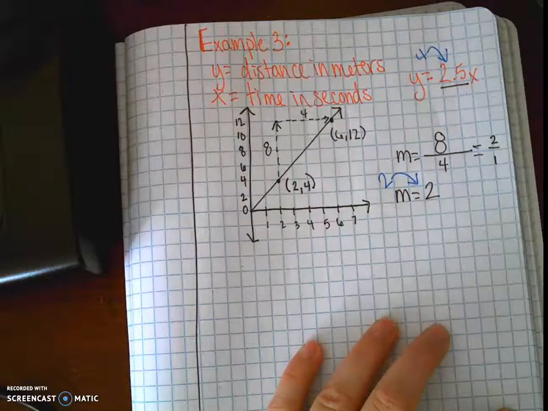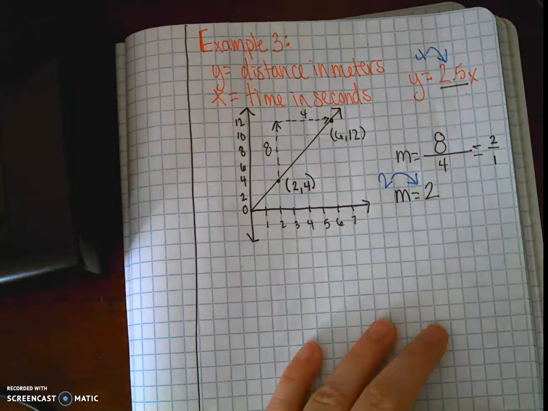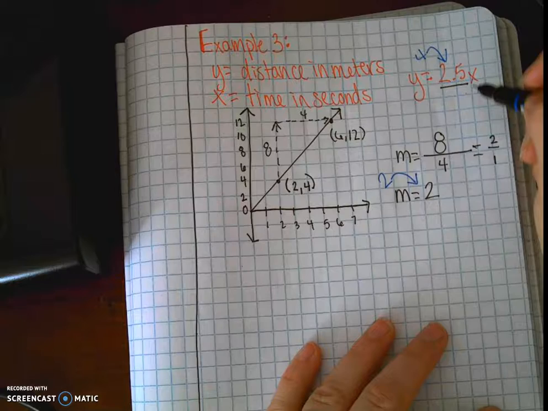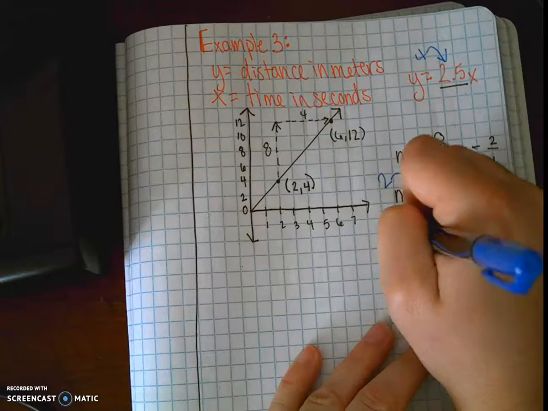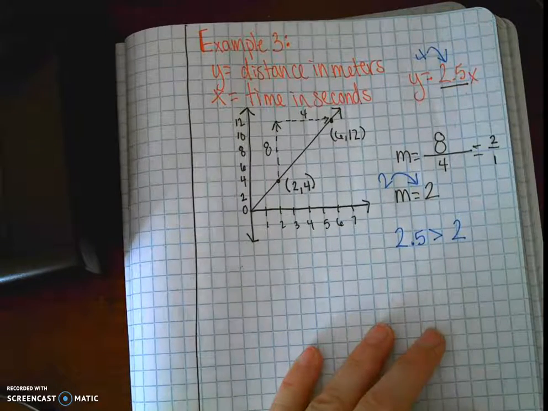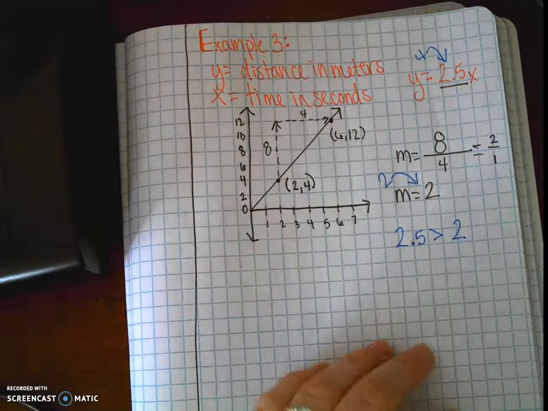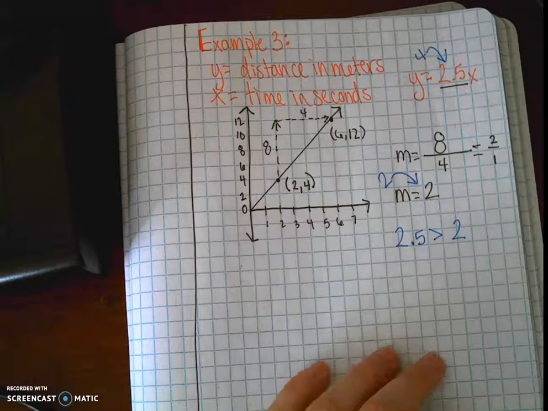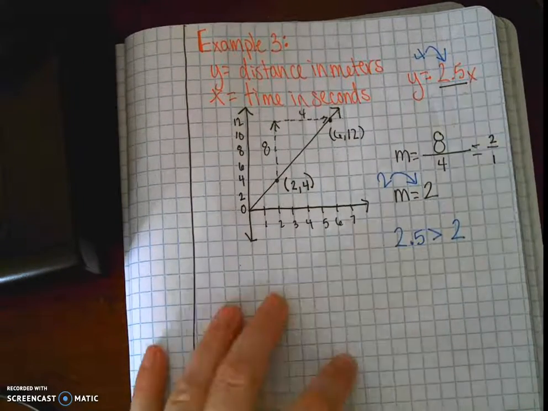Okay? Now if we're comparing, I would say that 2.5 is greater than 2. So that tells me that the 4-person ski lift moves faster than the 2-person ski lift.